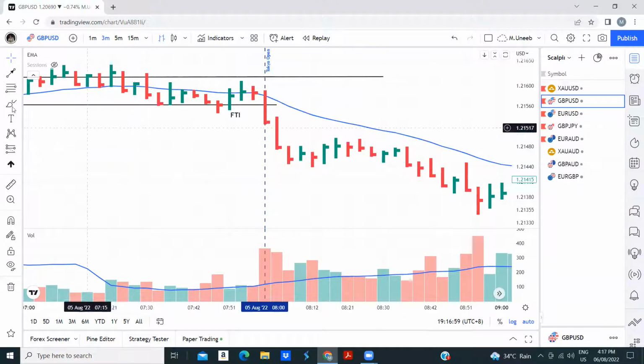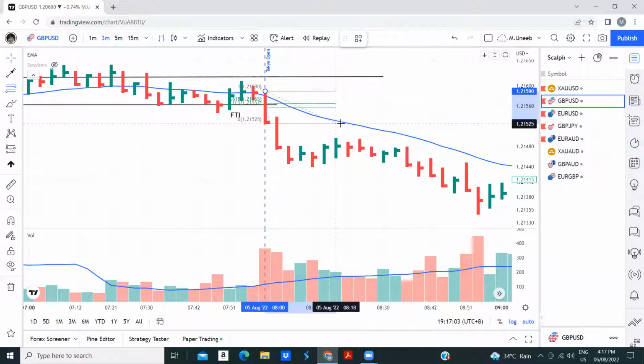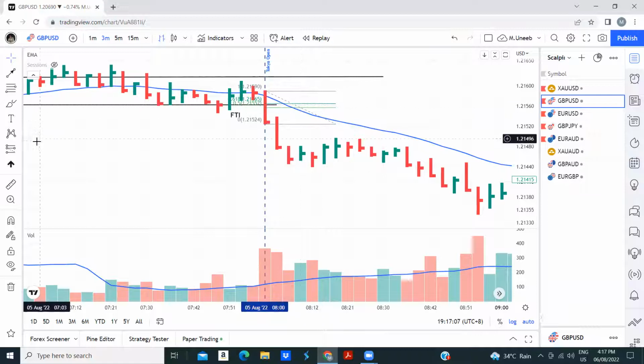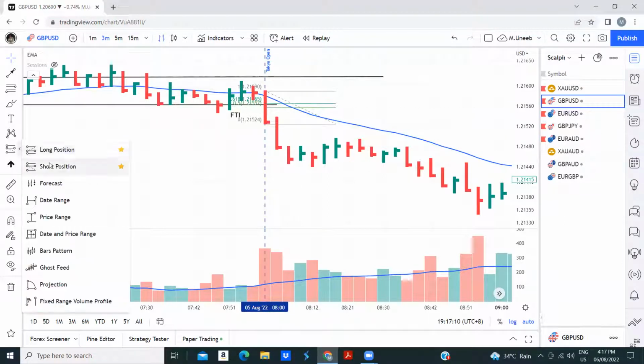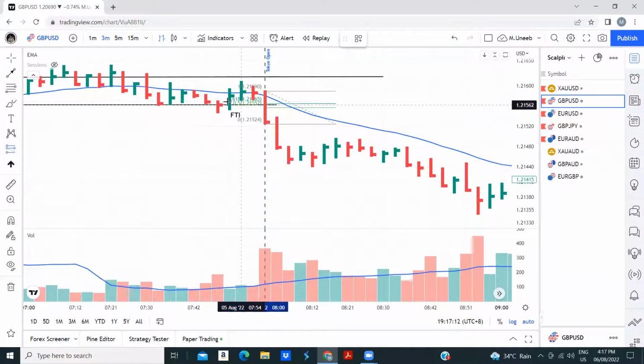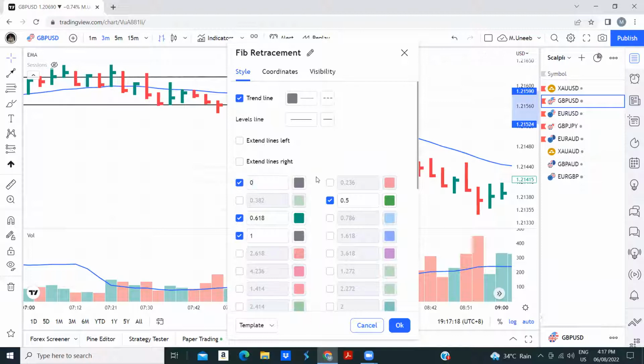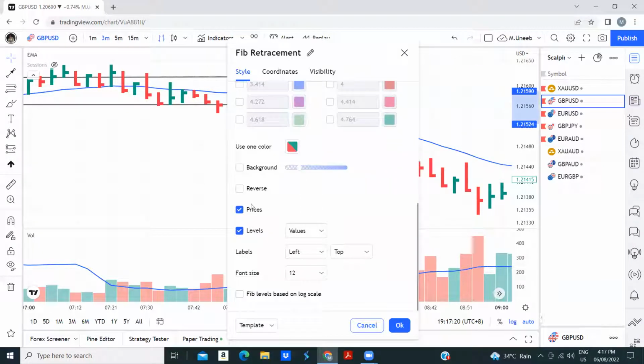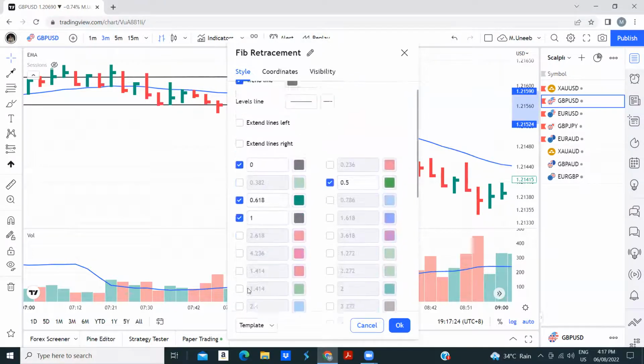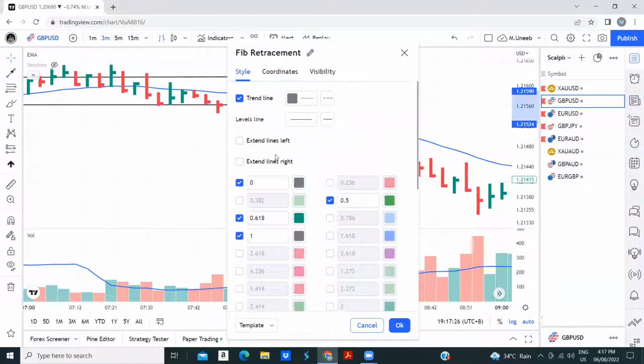Now, I just draw the structure from here to here. Measure the full candle size. So right over here, I can place my stop loss in between of this one, 61.8 and 50. Do you understand? Yes. Okay, I can just do the percentage. If you want in percentage, we can do the percentage.